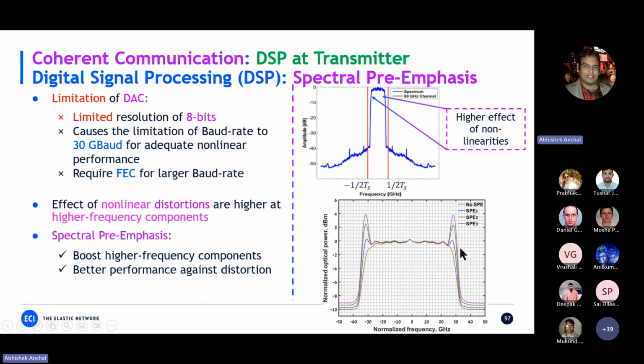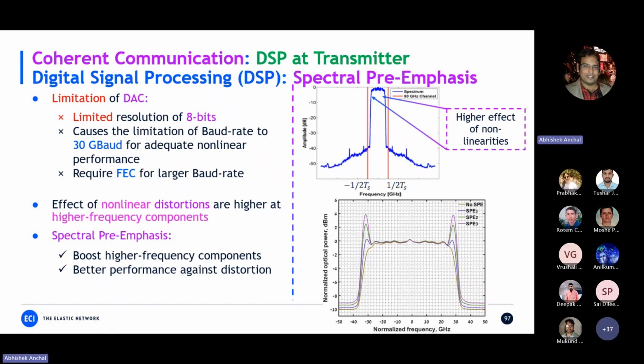The spectral pre-emphasis emphasizes the edge of the spectrum so that when it passes through the filter or anything else in the network where it decays, it decreases down to the original level. That's why you get a good signal at the end. This is how it works.